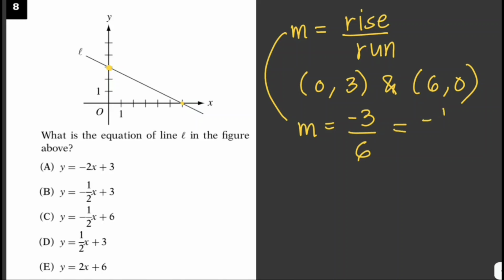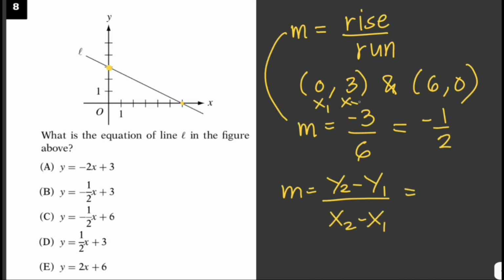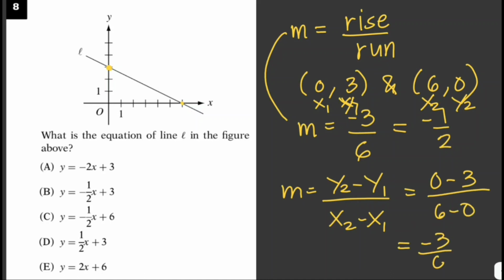Therefore, the slope is negative 1/2. Or you can just use the slope formula, y sub 2 minus y sub 1 over x sub 2 minus x sub 1. Let's say this is your x sub 1, y sub 1, and x sub 2, y sub 2. So this is 0 minus 3 over 6 minus 0, negative 3 over 6, so negative 1/2.